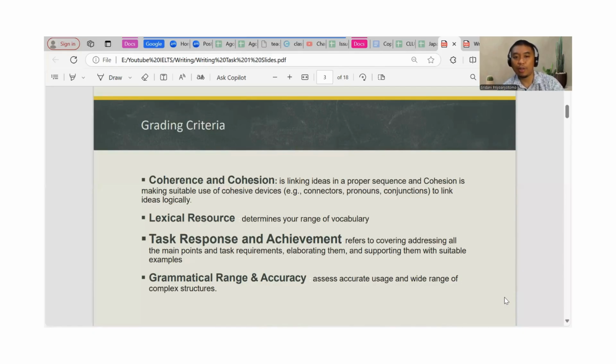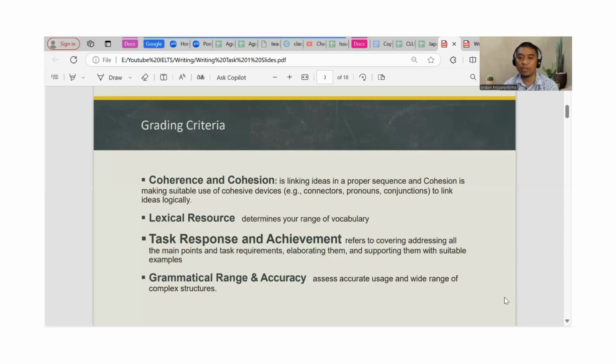When you try to write something, whether the paragraph is connected from one to another. Paragraph 1 connected to paragraph 2, paragraph 2 connected to paragraph 3. And the linking is smooth so people can understand it. It has logical meaning. So that's the purpose of coherence and cohesion.